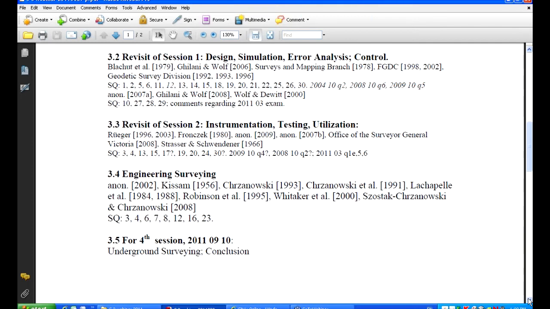The next one, Chernovsky and a few others in 1991, is Chen, Secord, and Zostak Chernovsky, and it deals with what's maybe one of the major topics of today's session, and that's when we normally do surveying, we do it to coordinate points. But if we do the repetition of a survey, we come up with a second set of coordinate values.